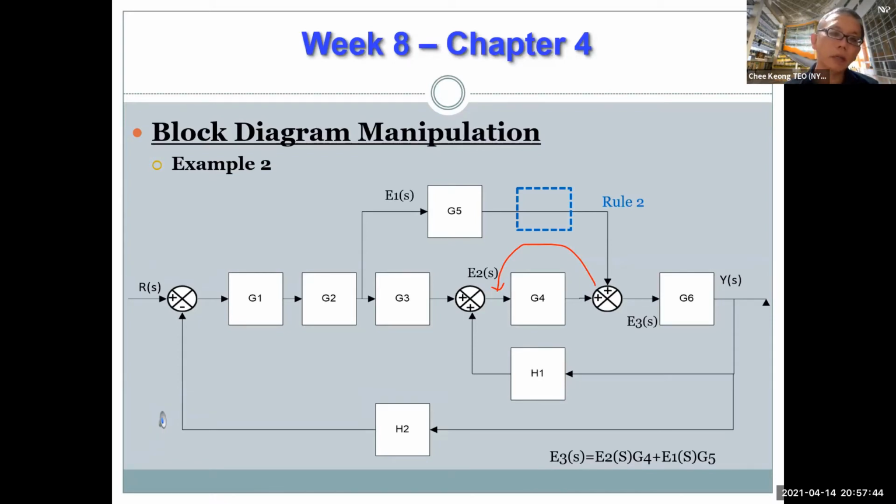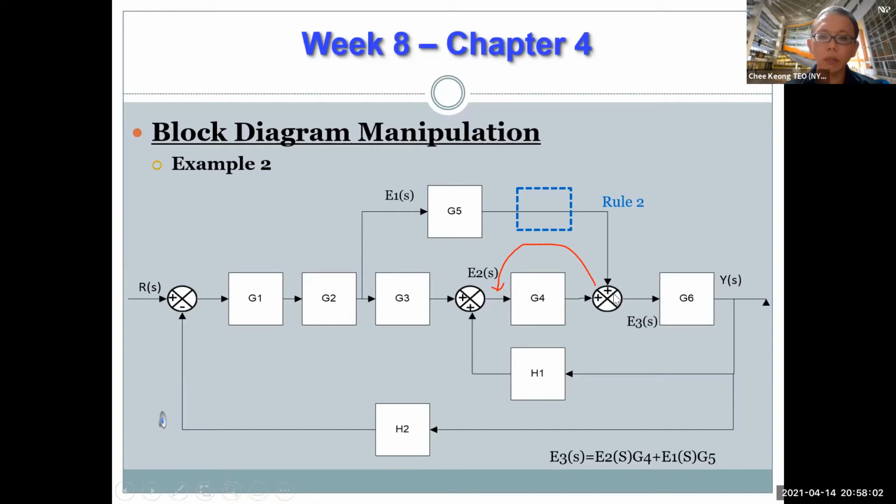Now this example is a bit similar to question number 7 part 3 in your tutorial 3, if I'm not wrong, tutorial 3 or tutorial 4.